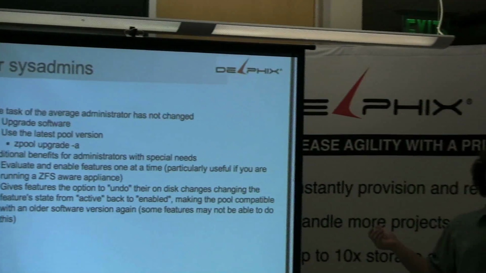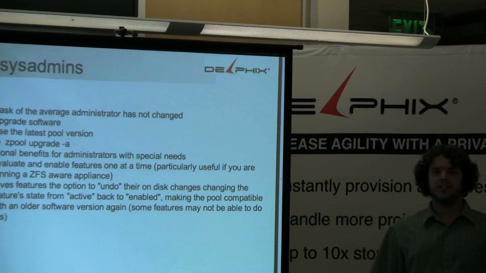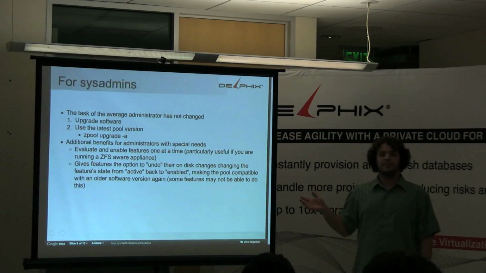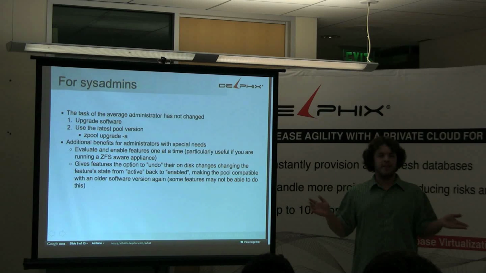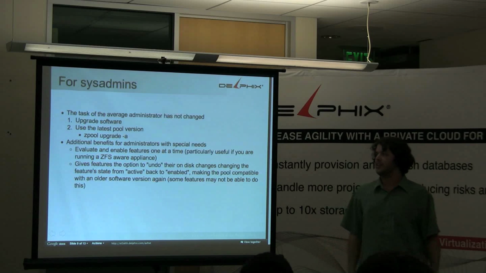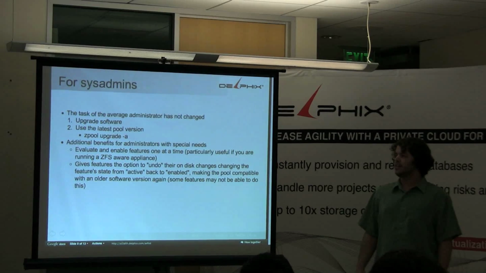He gets the new software, he upgrades all pools to get to the newest on-disk format, everything's enabled, everything's good. There's the added bonus now that everything's enabled but not necessarily active. So if you don't create the new RAID-Z or whatever vdevs, then you're fine, and you can still downgrade the software again.